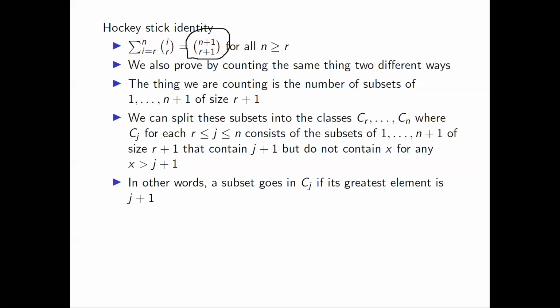If it was less than r plus 1, it would be at most r, and then it would be impossible for the subset to have size r plus 1. And so that's why all of the subsets must fall into one of these classes. There's no subset that doesn't fall into any of these classes.